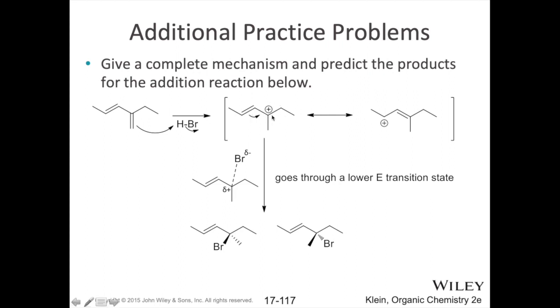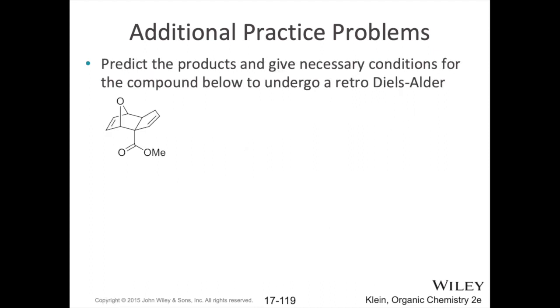So that would be the tertiary carbocation here. And so that would give us either one of these products. Please note this tertiary carbocation is flat, so the bromine can add to either side. So we have a chiral center here, and you'll get a racemic mixture of products.